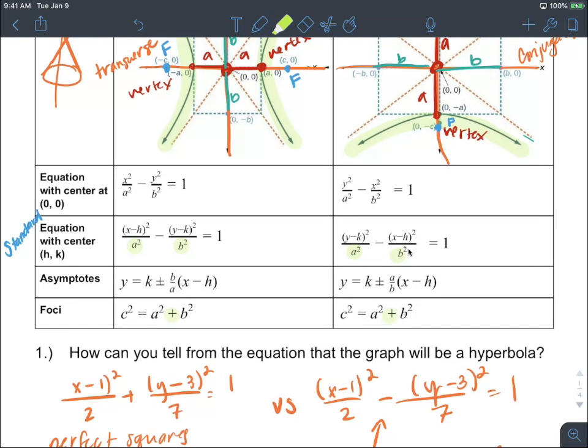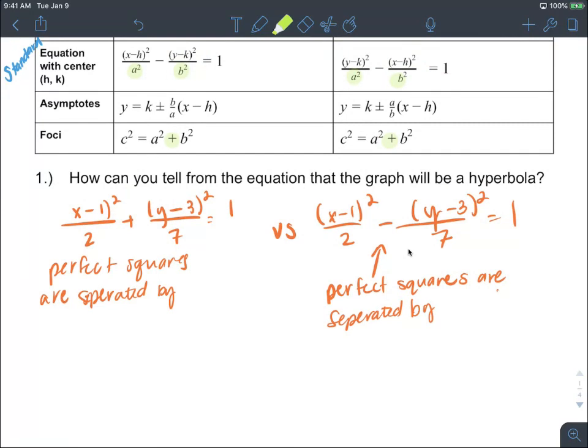So how can you tell the equation of a hyperbola? Look at these two equations. Notice that on the right, these two perfect squares are separated by a minus sign. So what kind of shape do I have? We have a hyperbola.